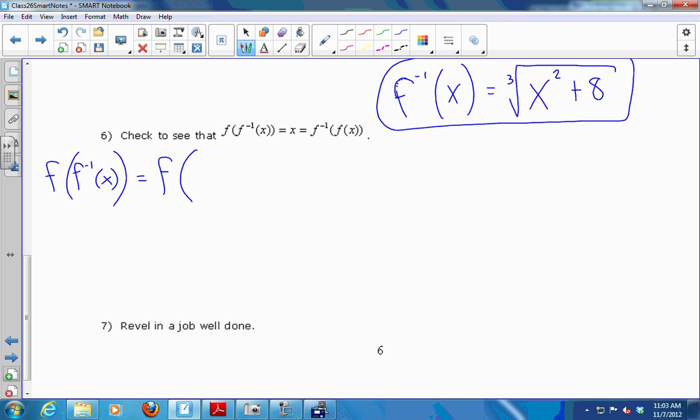So I don't have a value for X. So what I do next is I'm going to replace F inverse of X with its formula. So this is going to be the cube root of X squared plus 8.